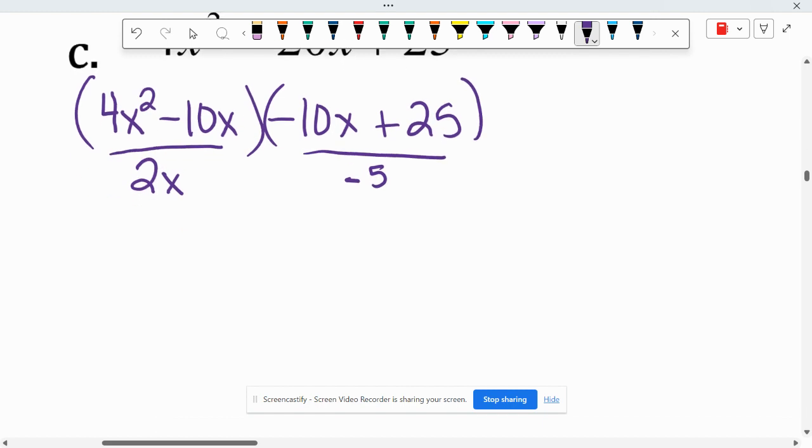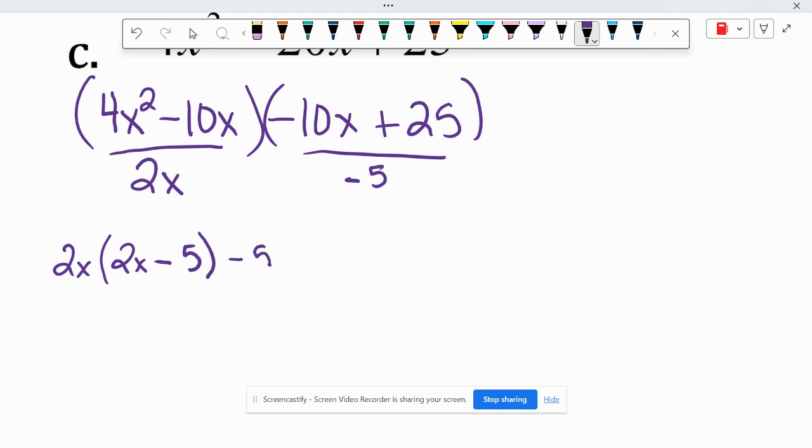So let's do that. When I divide that first term by 2x, 4x squared divided by 2x is 2x. Negative 10x divided by 2x is negative 5. Yeah. I'm taking out a negative 5. Negative 10x divided by negative 5 is positive 2x.